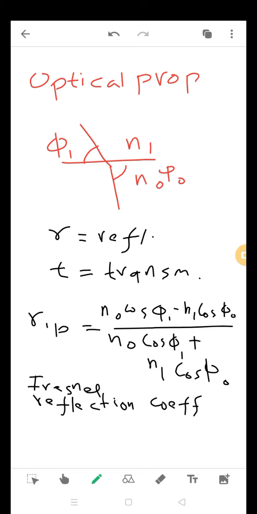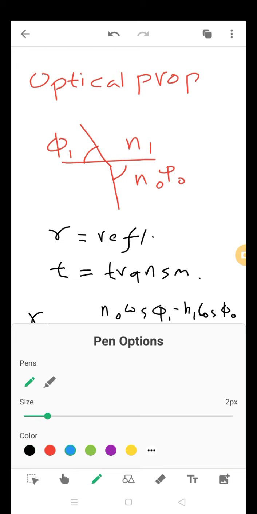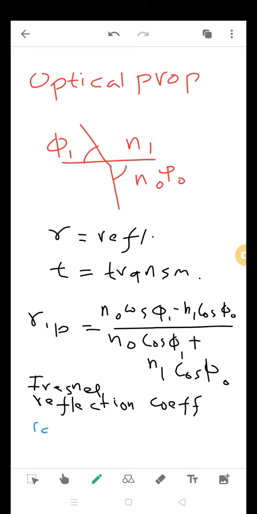And it is basically the ratio of reflected by incident amplitudes of waves coming.